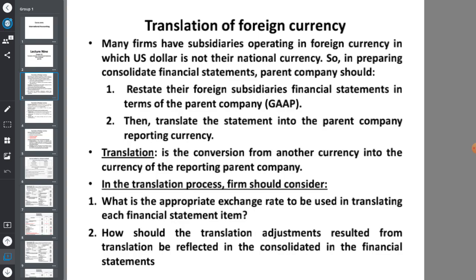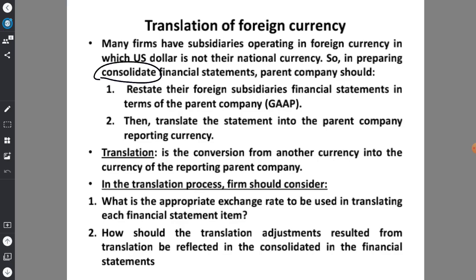المشكلة فين؟ Translation. Each currency has her own exchange rate. طب لما تيجي احنا بنتكلم في parent و subsidiaries, meaning that at the end of the financial year the firm is required to prepare a consolidated financial statement مجمعة. طالما أنا بتكلم في consolidated financial statement أنت عندك parent و subsidiaries.